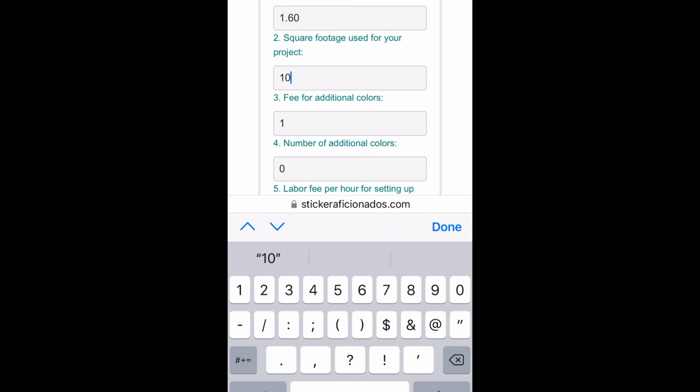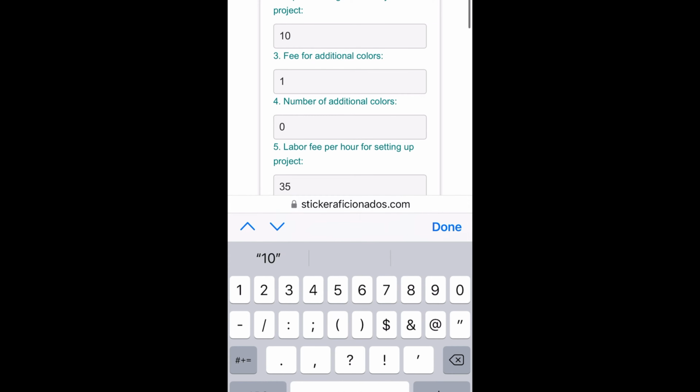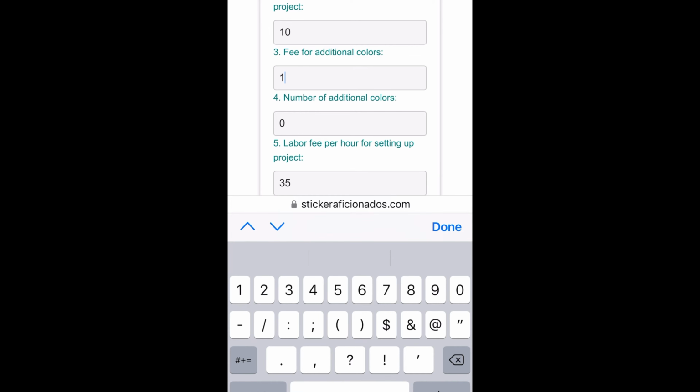And of course, this section here, the fee for additional colors, is how much you want to charge for every additional color. This will be interpreted as a complexity fee because, if you know, layering colors takes more time and resources for you.